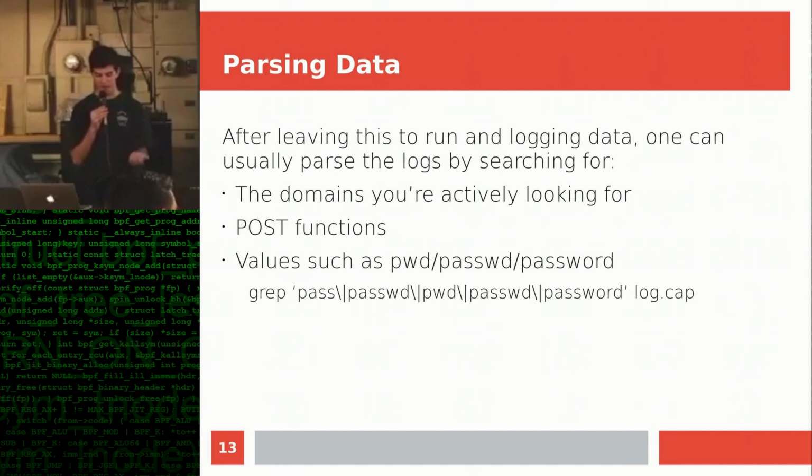We can look for things like password, pwd, and POST functions, different things that websites would use to authenticate. Now, normally these would be encrypted, and we wouldn't even necessarily be able to pick up on the fact that these are passwords. But since we've downgraded SSL traffic, and websites which haven't properly configured HSTS will generally fail this, we can actually see people's passwords in plain text without having to scan for hashes or anything like that.